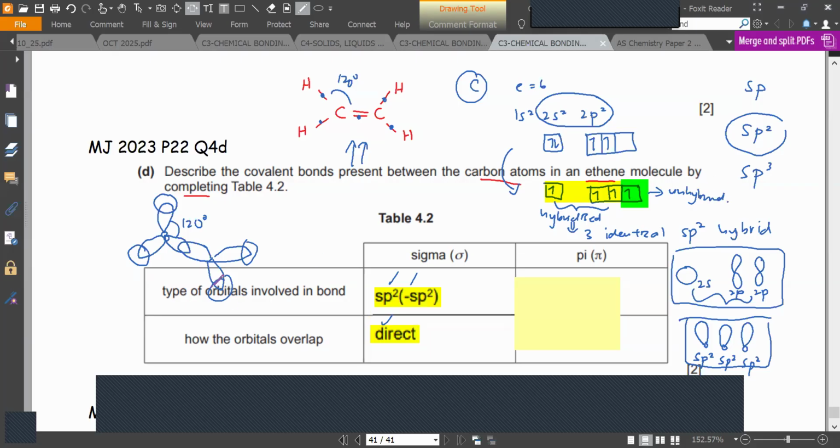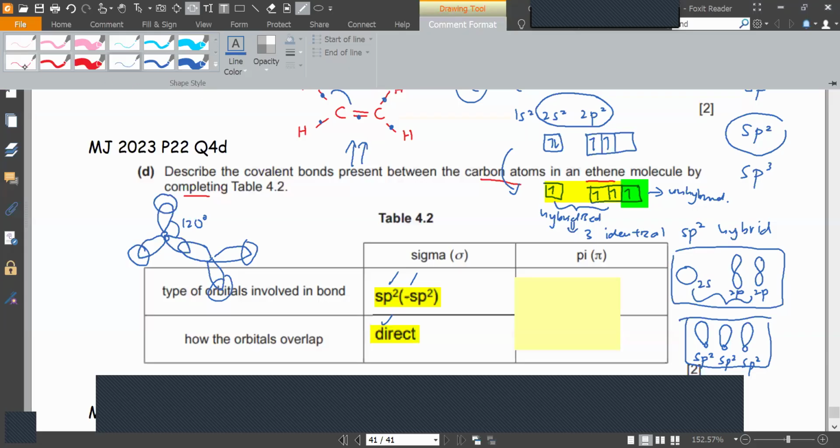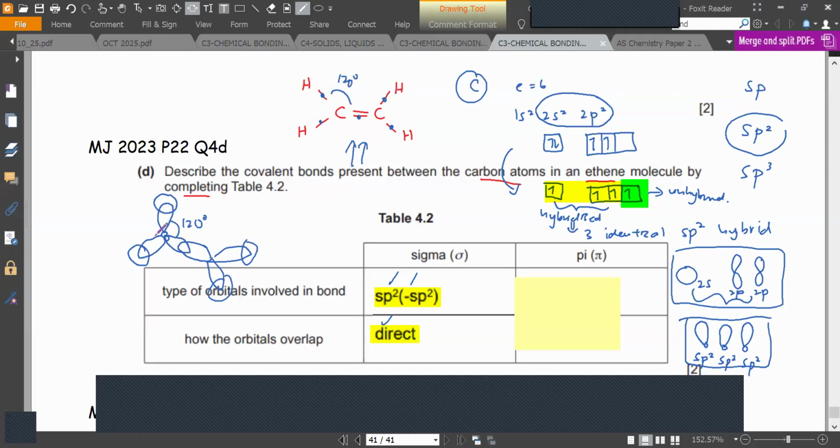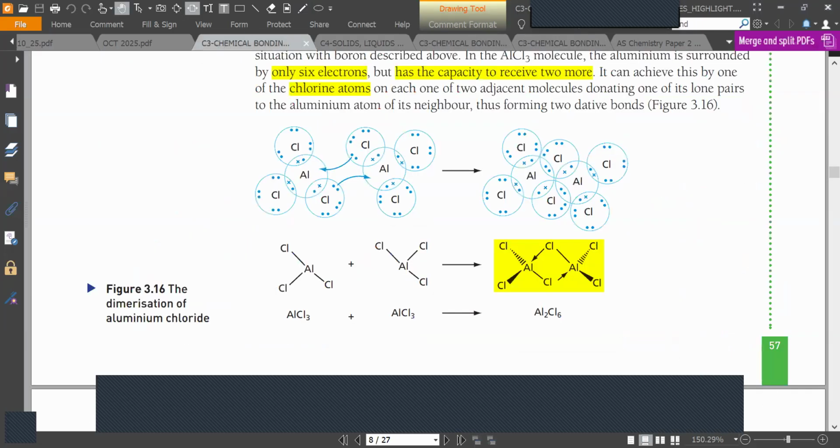Unhybridized orbital. So these unhybridized orbitals, let me show the picture. It's easier.